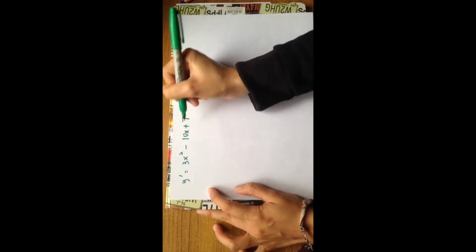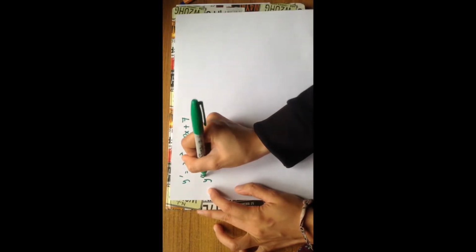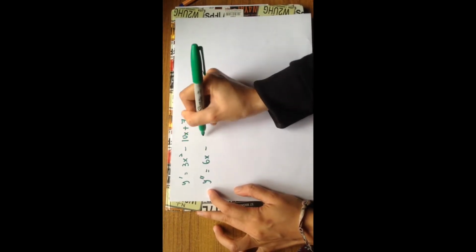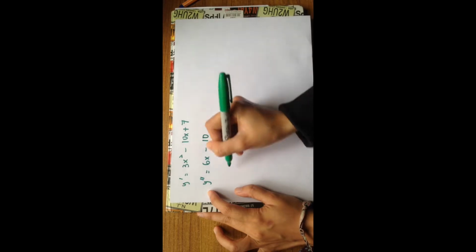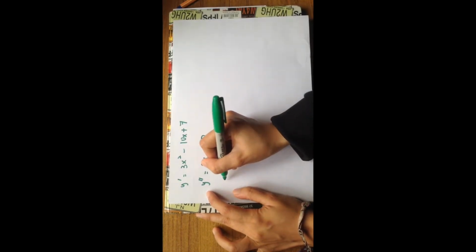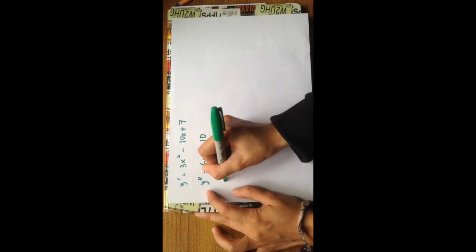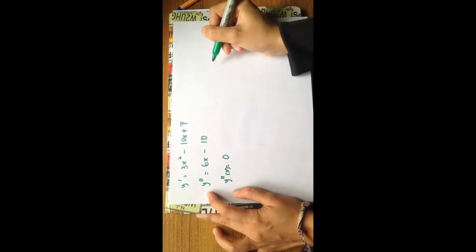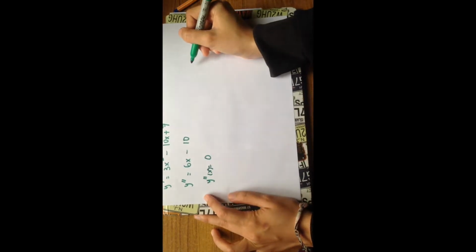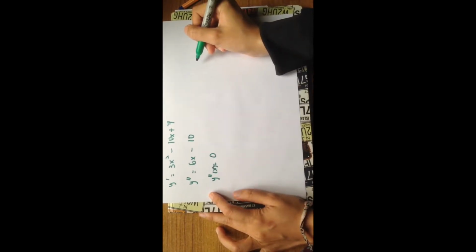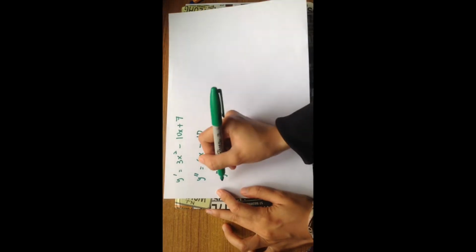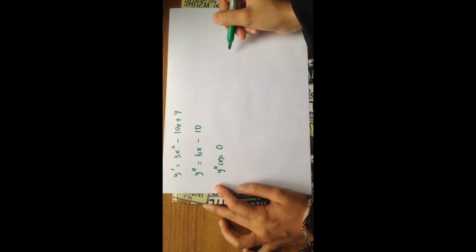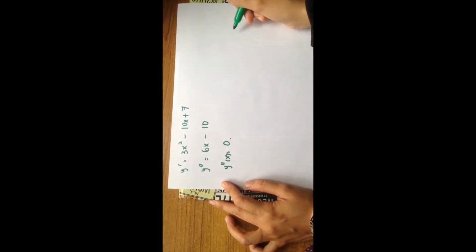So for the second derivative we get 6x minus 10. Checking whether it's an inflection point, we don't need to do this actually.